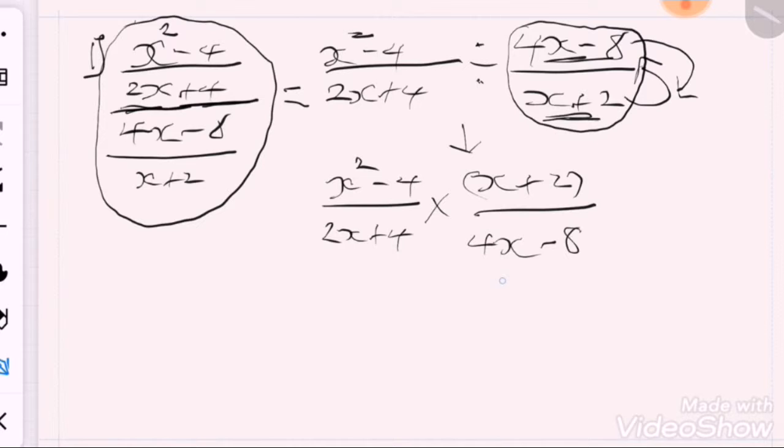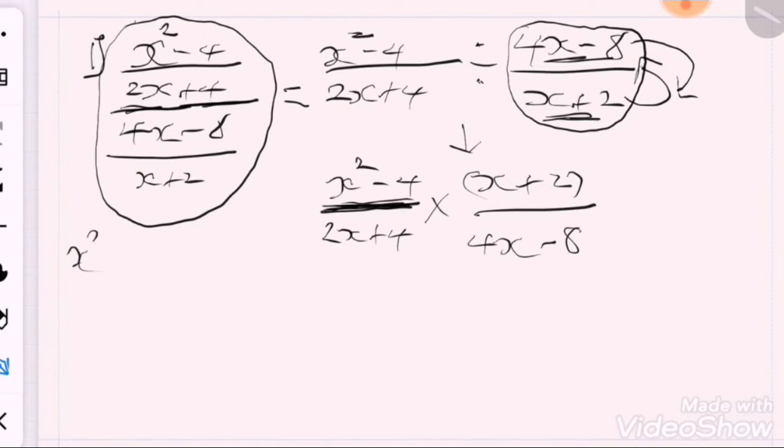So we are supposed to cancel some terms out, but it is impossible. So let us try to see if we can factorize any of the expressions. For this x squared minus 4, yes, we can factorize it. The factorization name here is difference of squares.